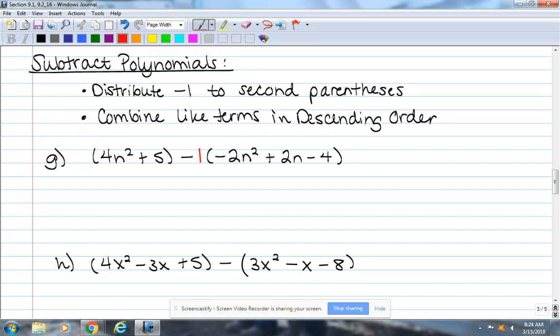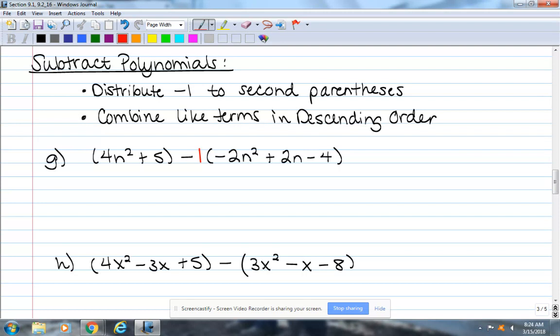So I'm going to let y'all copy for another second. What happens when we multiply something times negative 1? It changes your sign from negative to positive or positive to negative, right? So you don't have to think too hard at all when you're multiplying times negative 1. You just change whatever sign is in front of that coefficient.